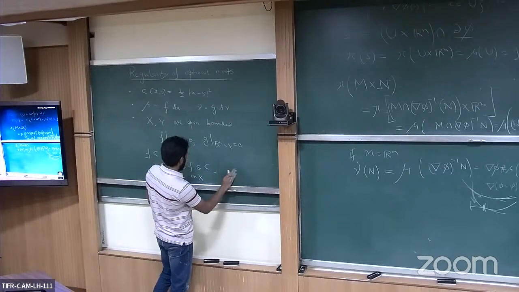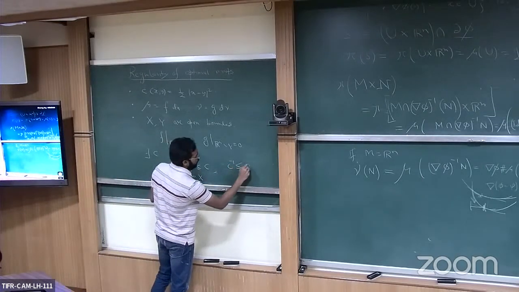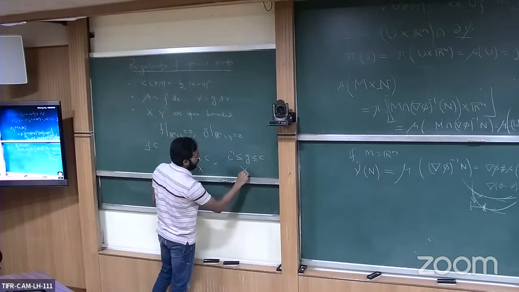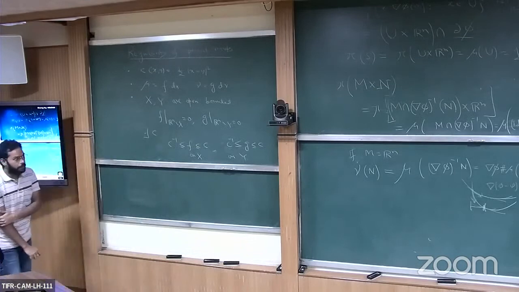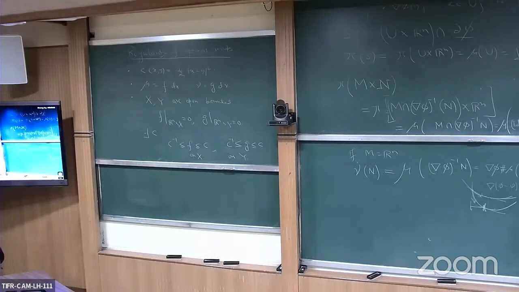G is similarly bounded away from 0 and infinity on Y. So these are my whole set of assumptions.